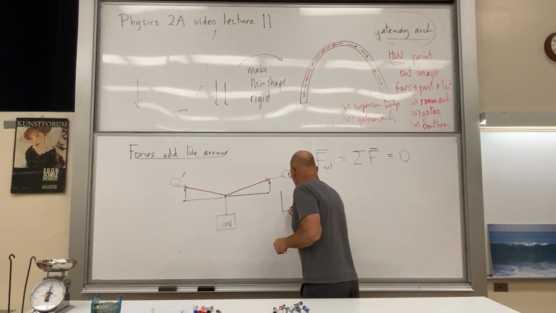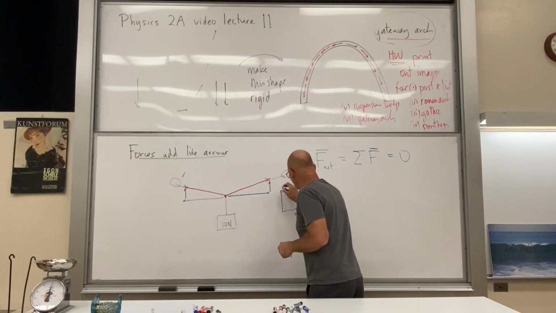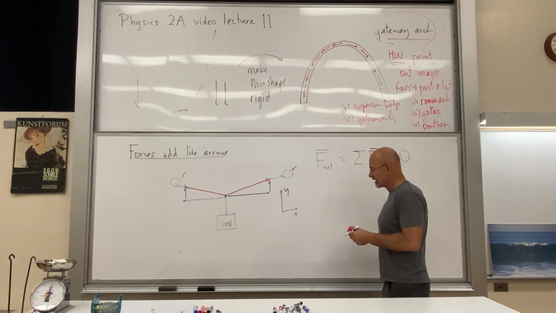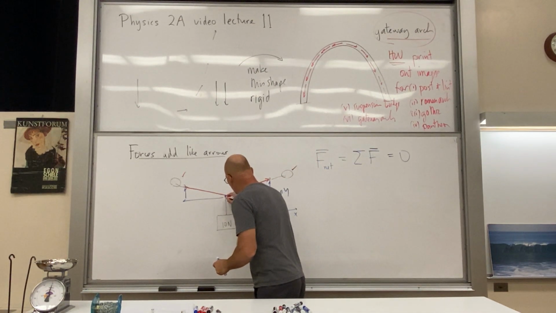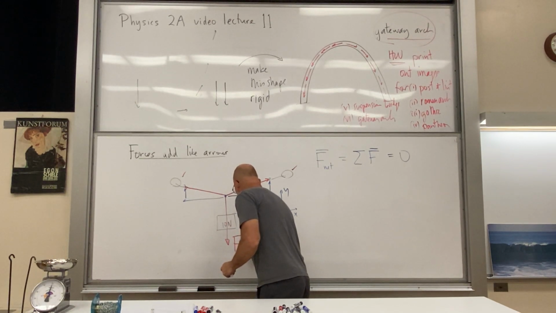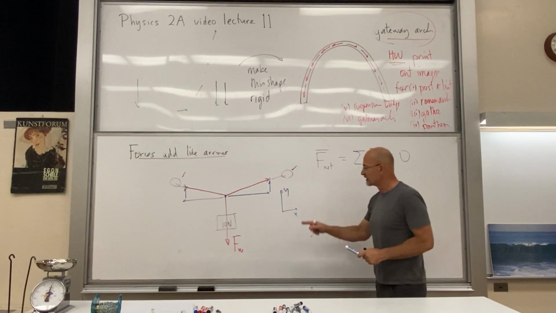What we're going to do is introduce an x and y coordinate system. Gravity is down, so here we have, I'm just going to call this F sub W, the weight. Okay, so that's my weight.